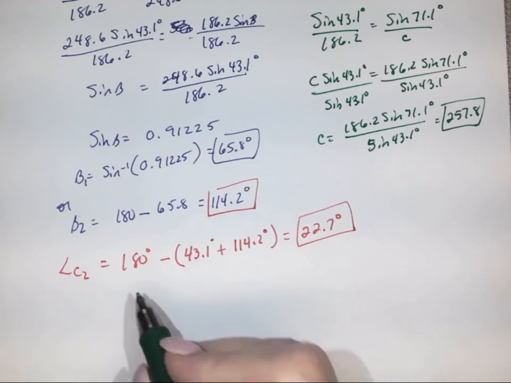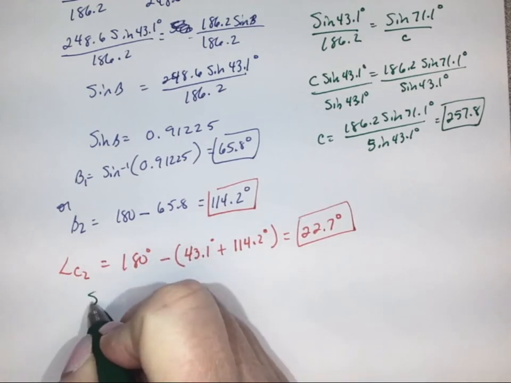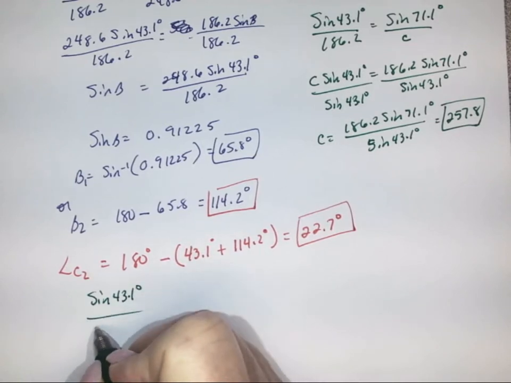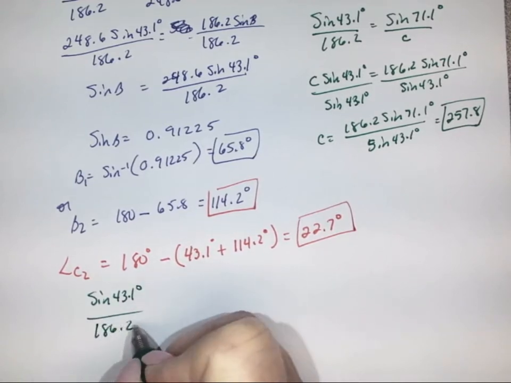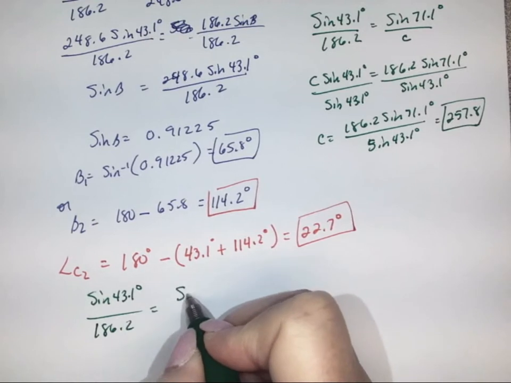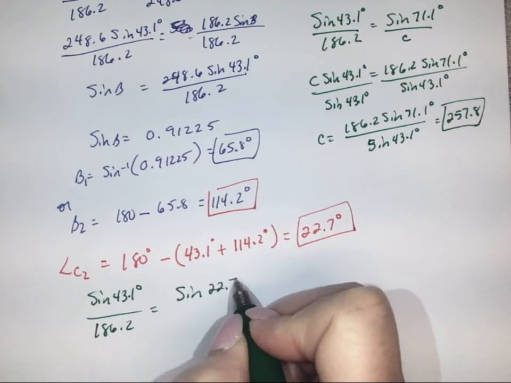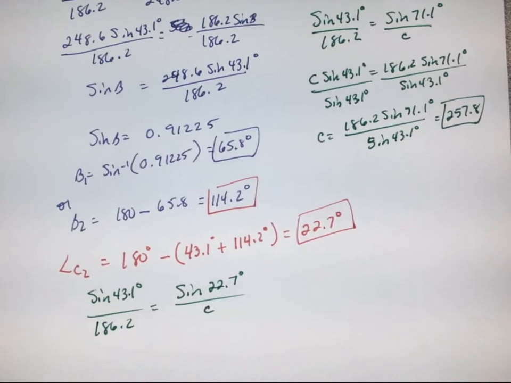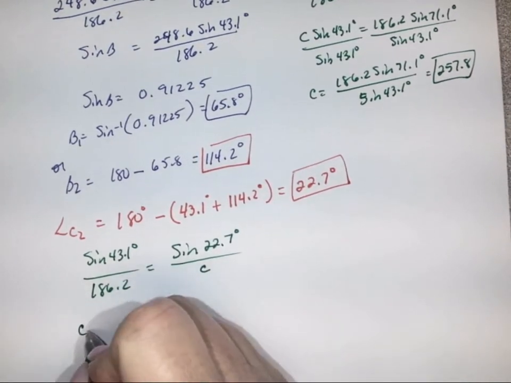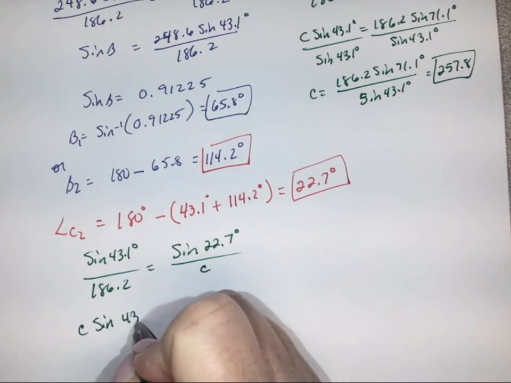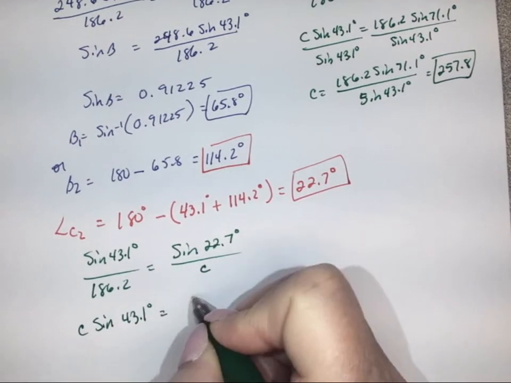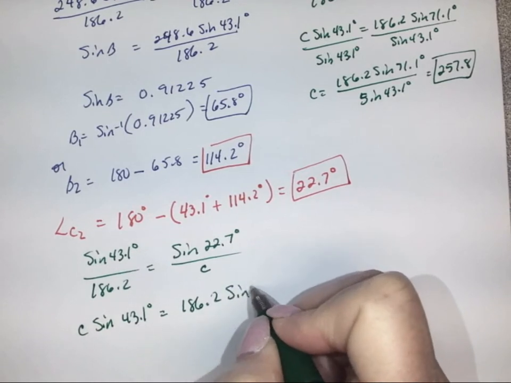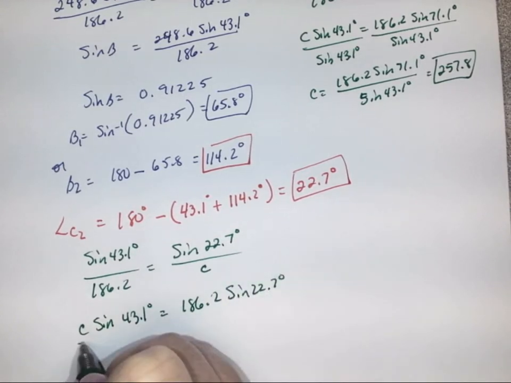So we're going to again use our A over A, so the sine of 43.1 degrees divided by 186.2 will be equal to the sine of 22.7 over little c. So we'll cross multiply. So c times the sine of 43.1 degrees is equal to 186.2 times the sine of 22.7.